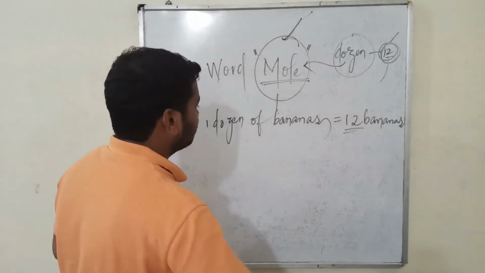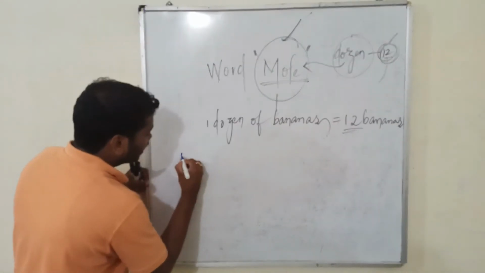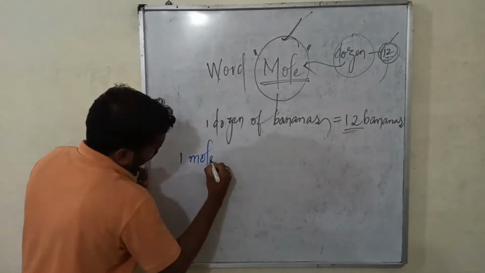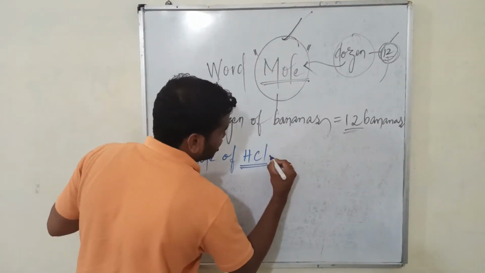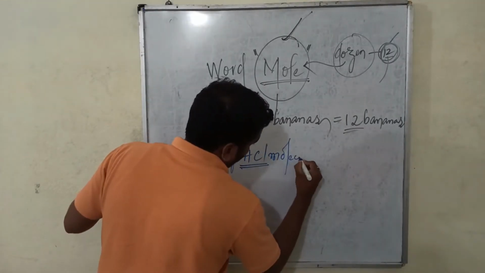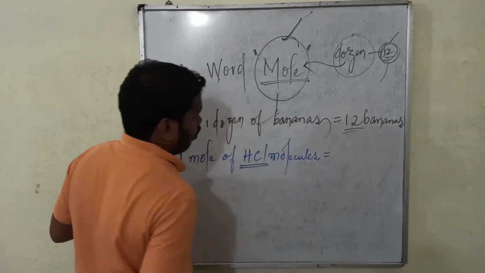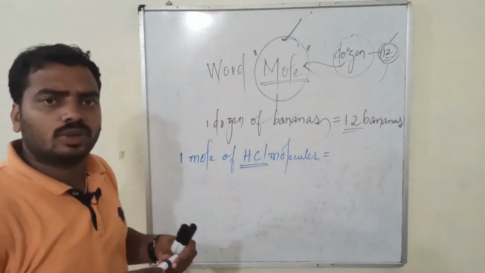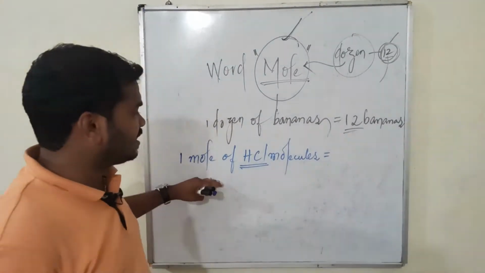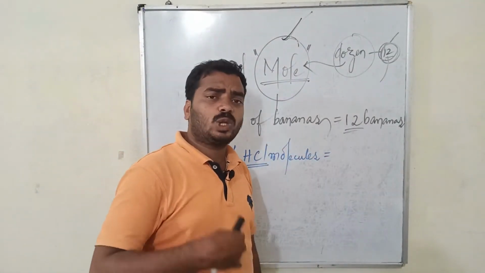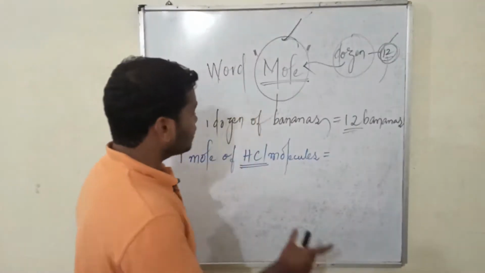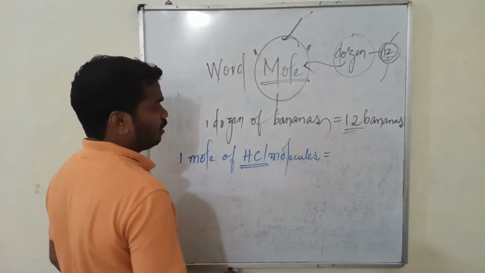Similar to that, if I write 1 mole of HCl molecules, what exactly does this statement indicate? If 1 dozen of bananas indicates 12 bananas, what does 1 mole of HCl molecules indicate?